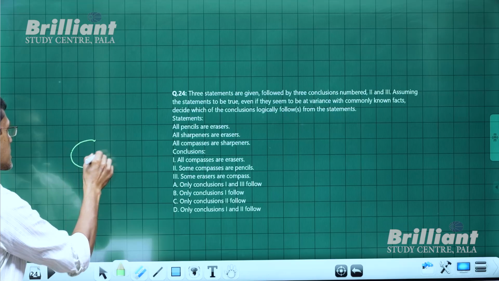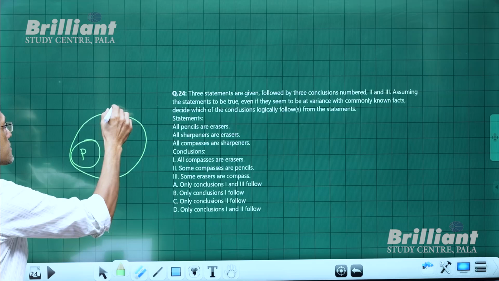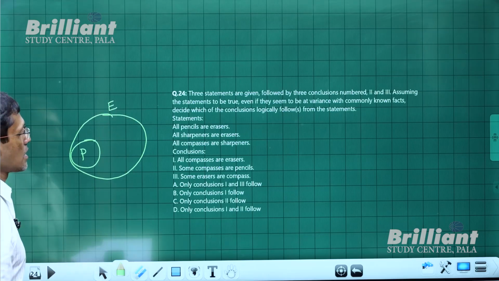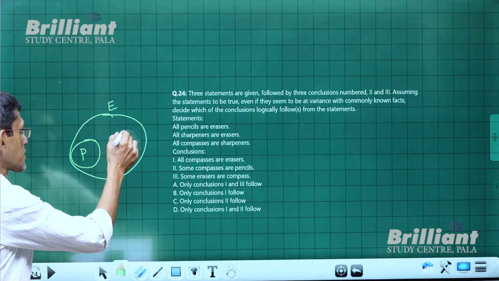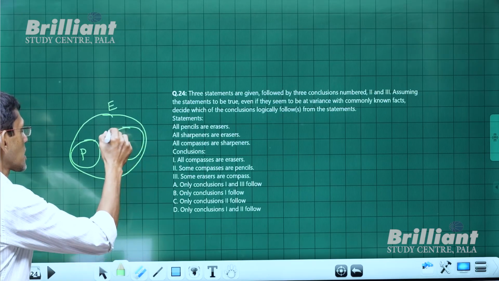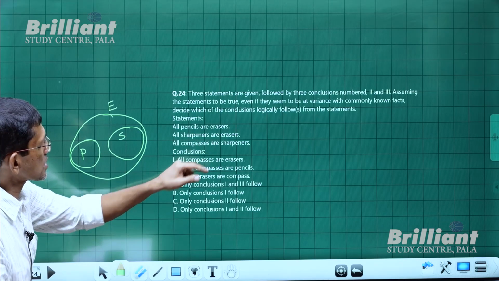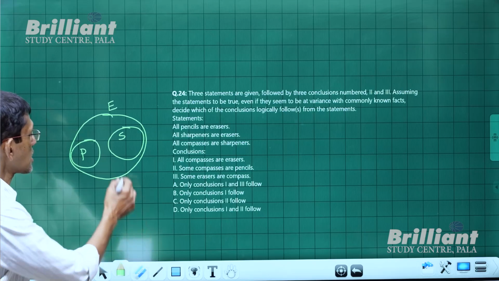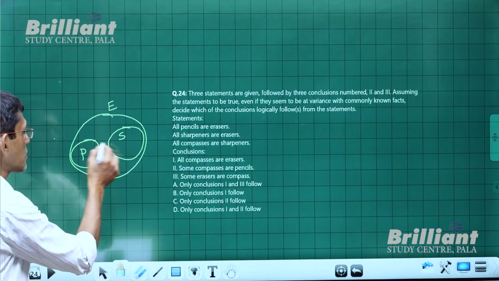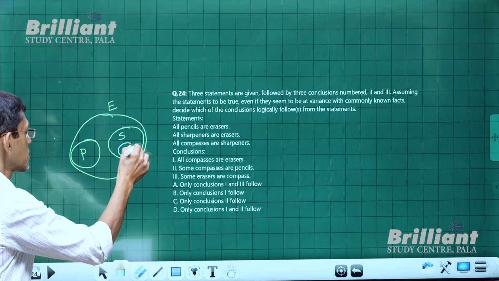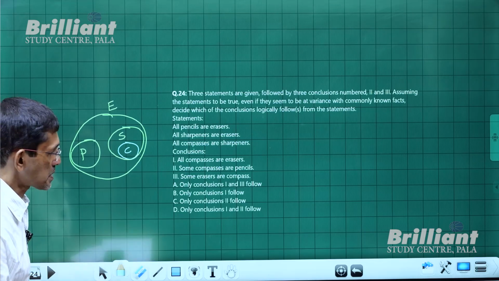All sharpeners are erasers. At the same time, all compasses are sharpeners, so all compasses are inside sharpeners. So we draw the compass inside that.